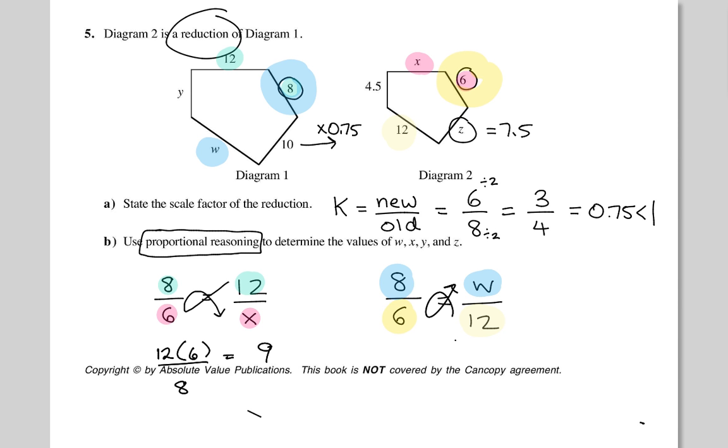Over here, you would go 12 multiplied by 8 divided by 6 is w. W is 16. So we got w, we got x, and we got z. The only one I don't have is y, so you go ahead and try and find y on your own.